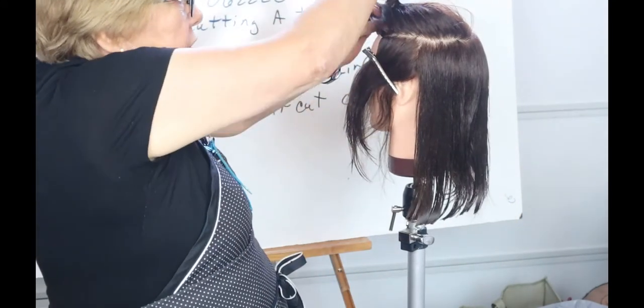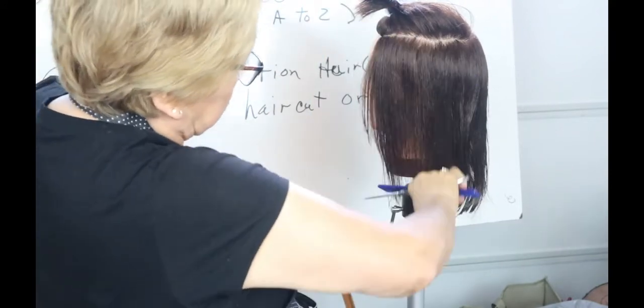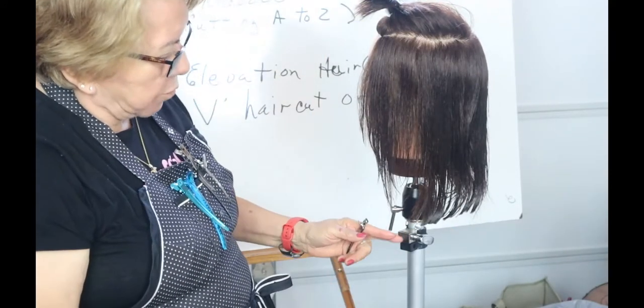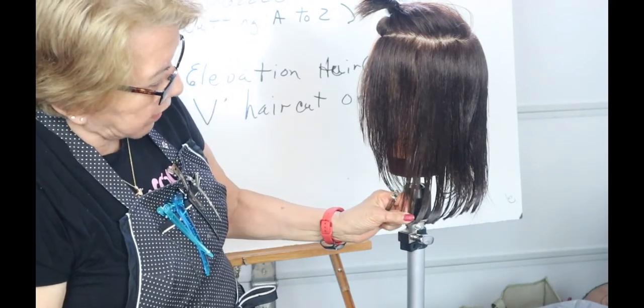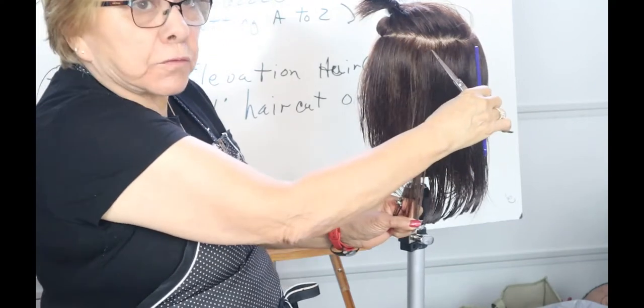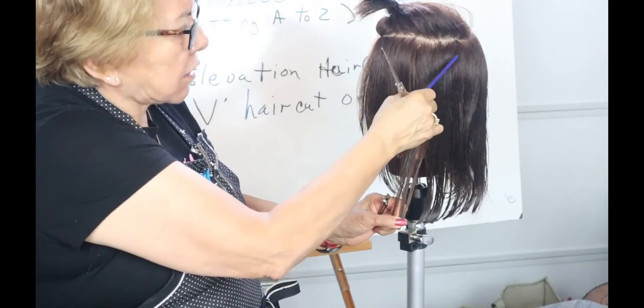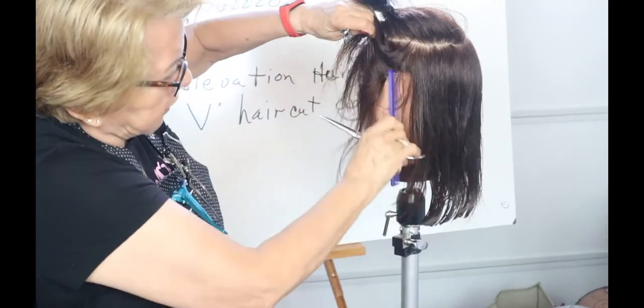So I'm going to do the top real quick, or not the top, the sides. So you see where I could take off more length, because now I don't have anything to cut. This hair right here, right at the corner, right where the head curves, just between the occipital and the flat part of the head. You've got this one spot right here.